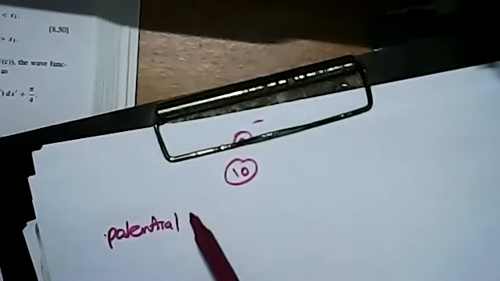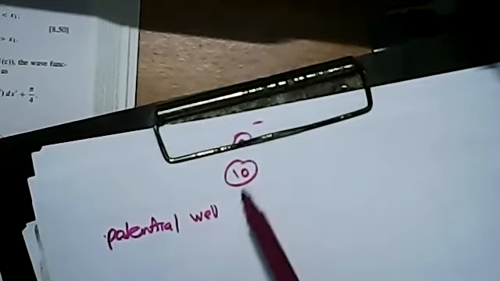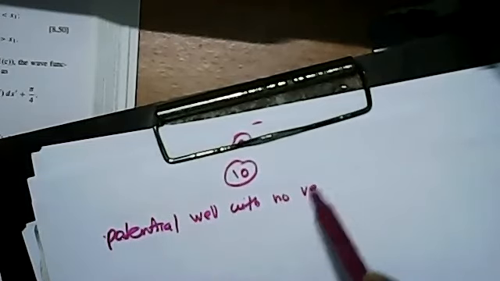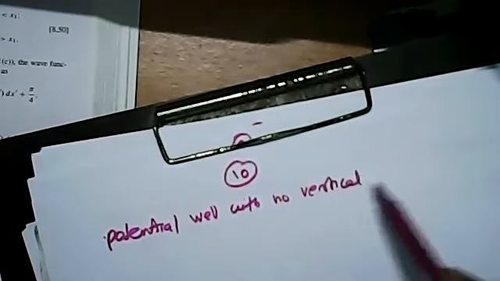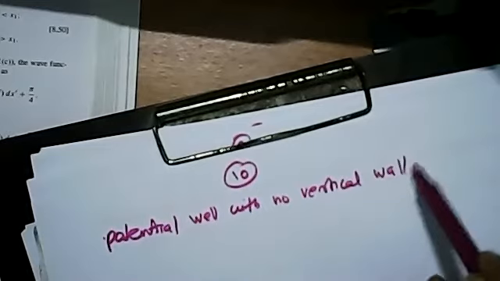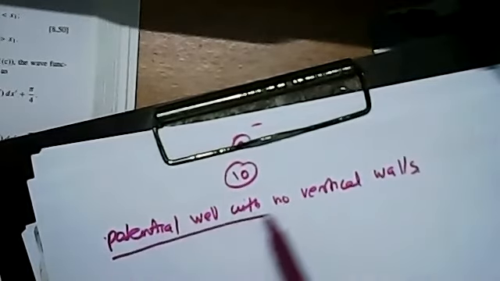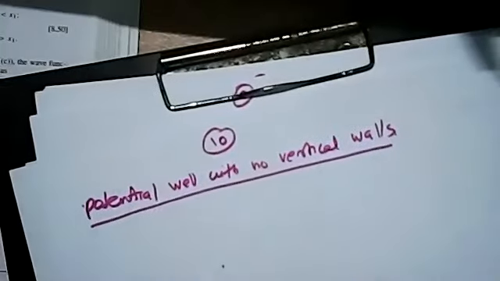So the potential well with no vertical walls. Okay, that means both sides are having slope.